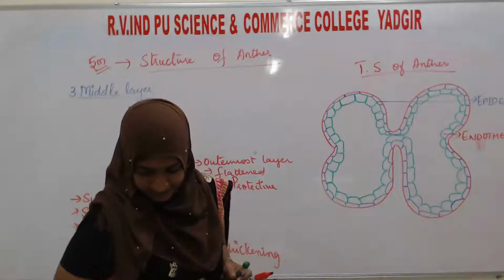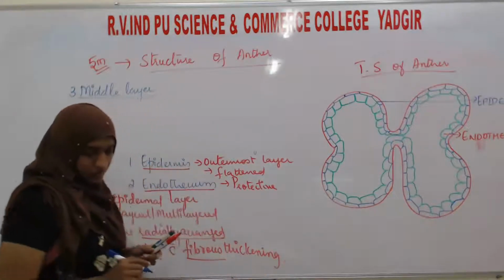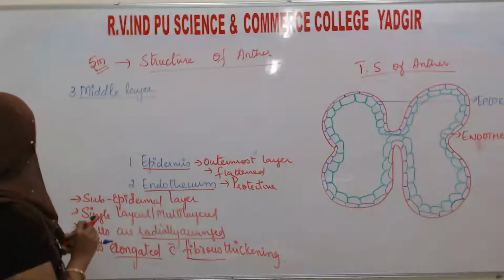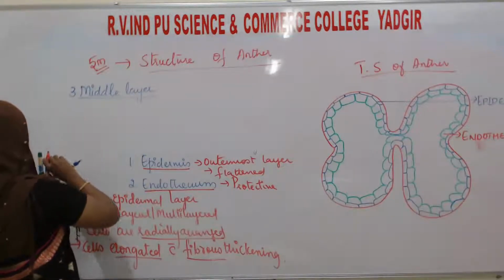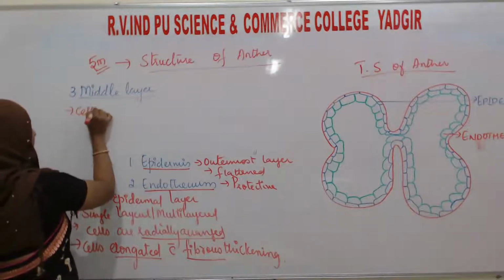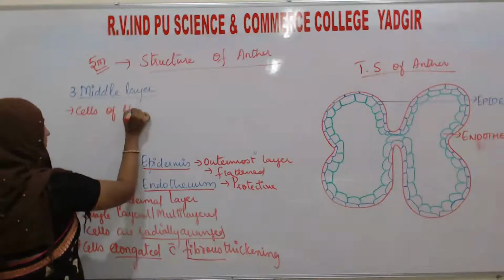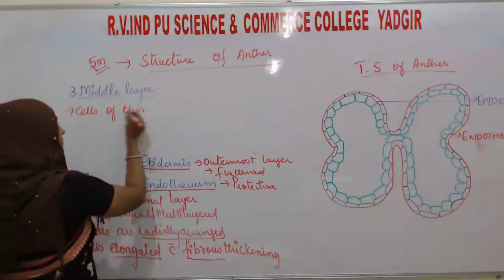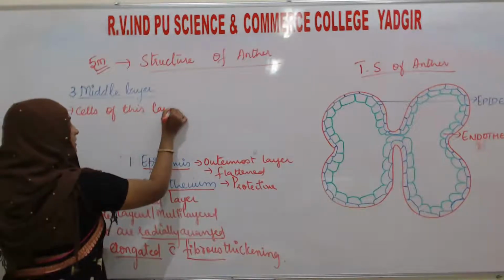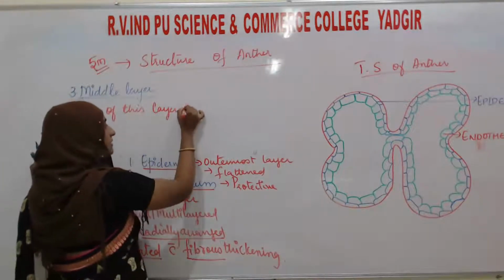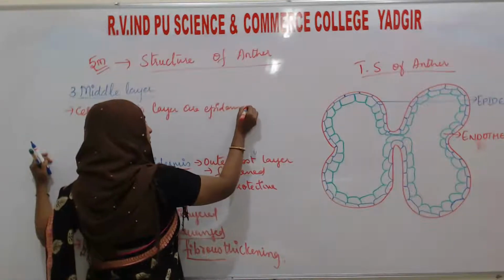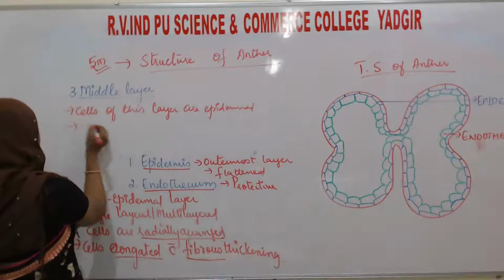How many layers? That is 1 to 3 layers. And the cells of this layer are which cells? Epidermal cells.